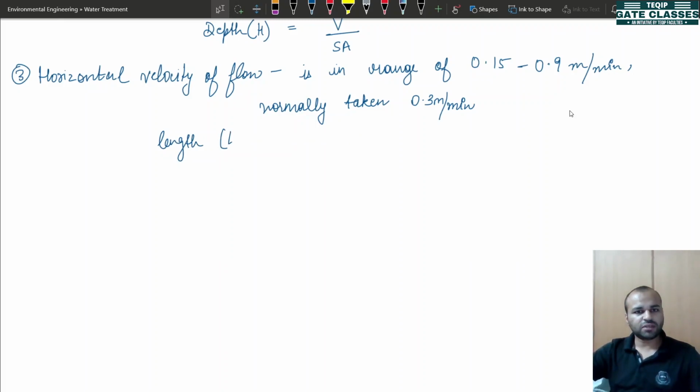You can find out the value of length using detention time multiplied by your flow velocity. Okay. With this, you can also calculate the width.